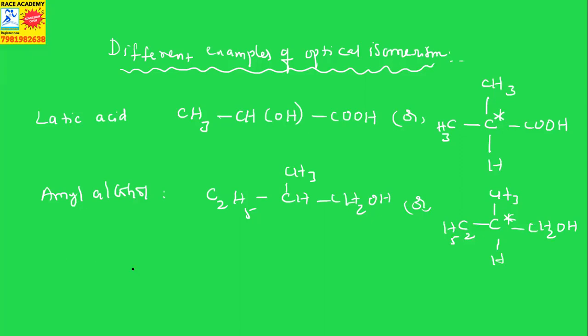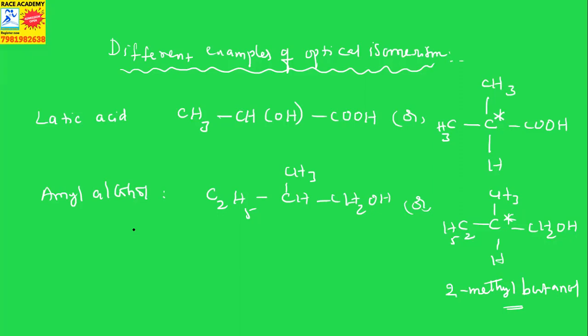So here I am putting a star. The star is nothing but a chiral carbon. This is also optically active. This can also be called amyl alcohol. Another IUPAC name is 2-methyl butanol.